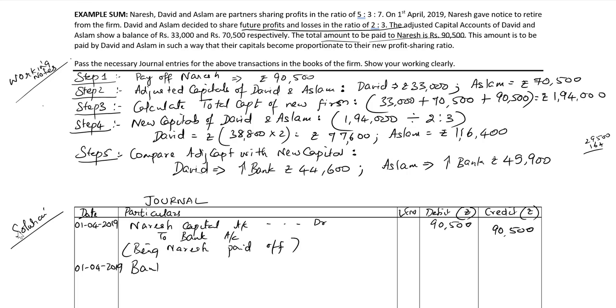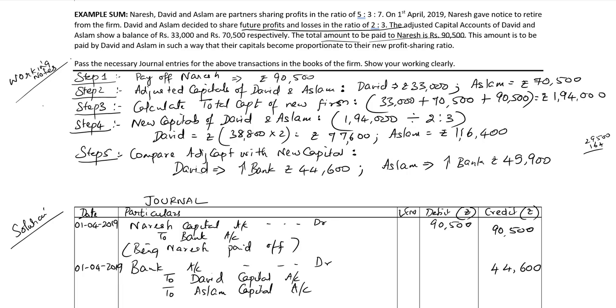So bank account debit to David capital account to Aslam capital account. The amount which is brought in by David is as per step 5, 44,600 rupees.